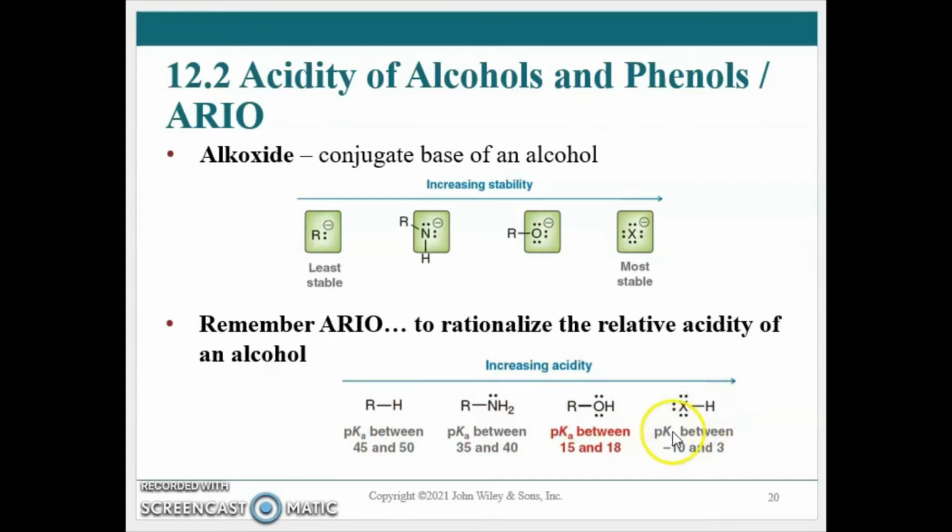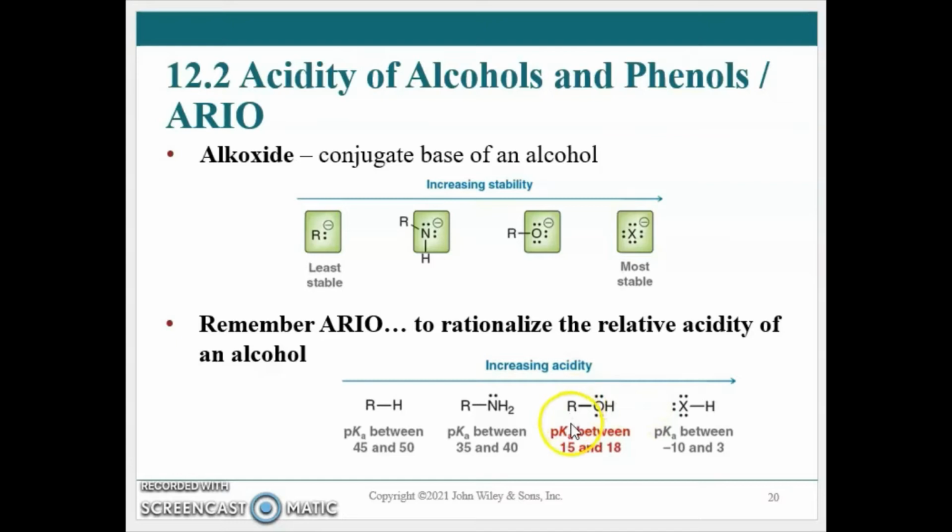the halogens form strong acids with pKa's ranging between -10 and 3. HCl, very strong acid, HBr, HF, these are acids with measurable pKa's. Water has a pKa of 14. We can derive that.